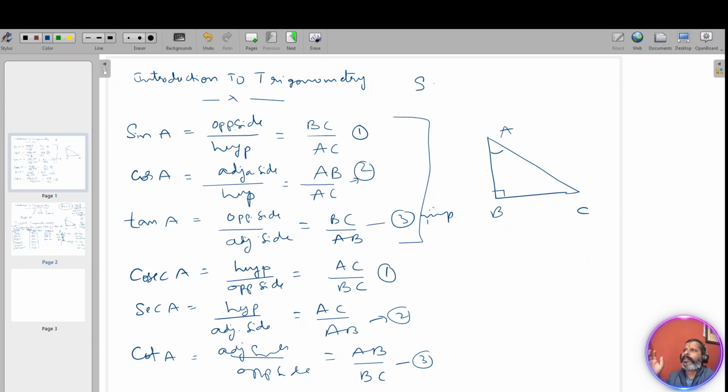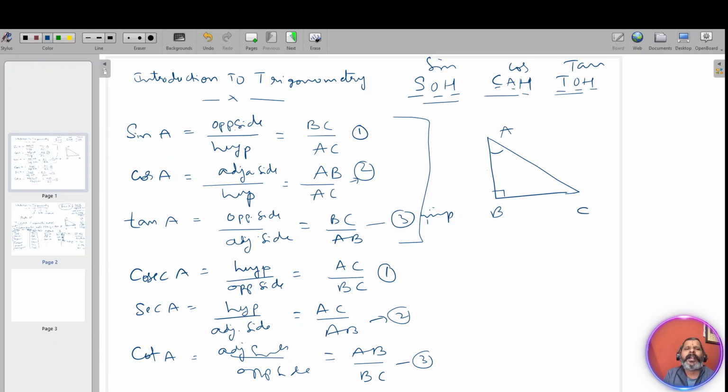That is SOH CAH TOA. This is the thing. This is for sine. This is for cos. This is for tan. What do these letters say? Sine is opposite by hypotenuse. Cos is adjacent by hypotenuse.